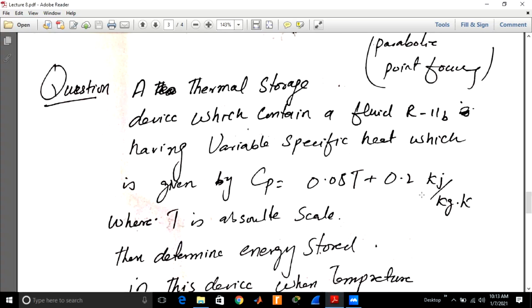This is called specific heat capacity. By simple we mean how much heat energy in joules it will have when there is 1 kilogram of fluid and the temperature is 1 Kelvin.